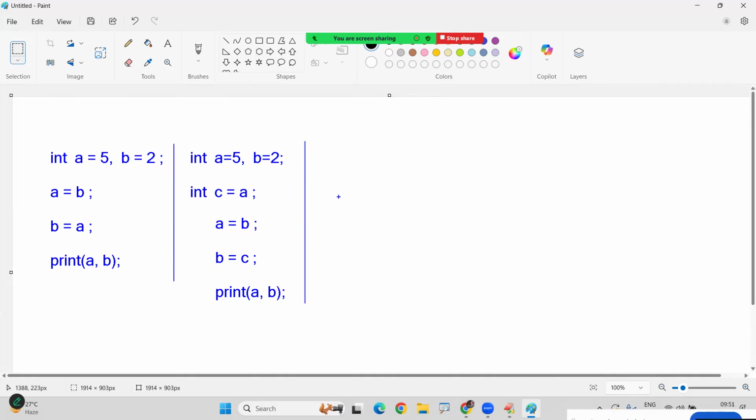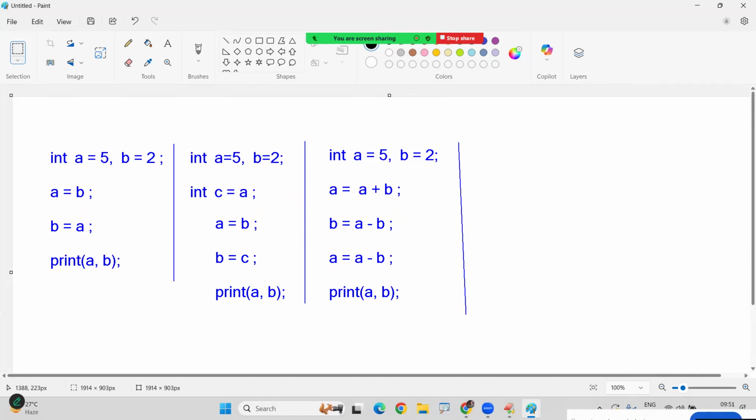Just execute the instructions and give the output. a value is 5, b value is 2.